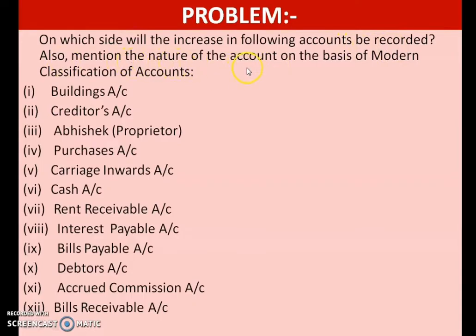Also mention the nature of the account on the basis of modern classification of account. As we know, there are two bases of classification, modern and traditional. Now we are discussing modern classification of account, and we saw that there are 5 different accounts we prepare under modern classification of account.